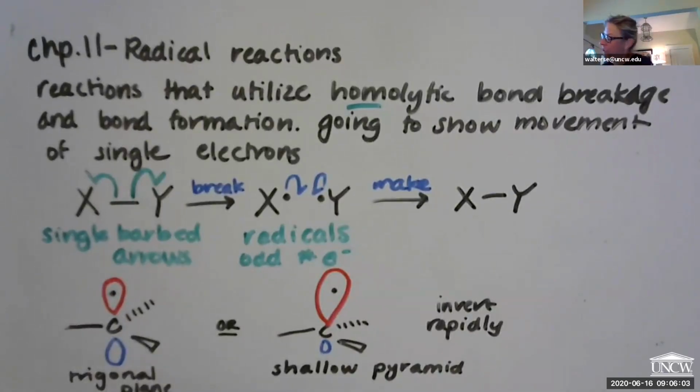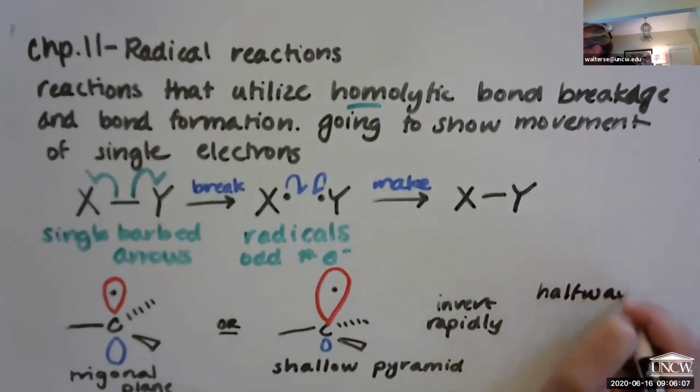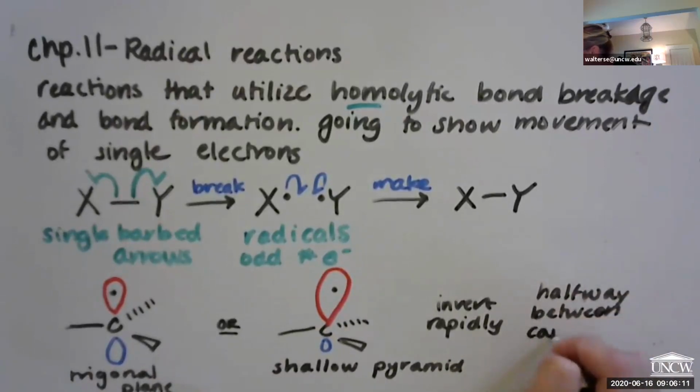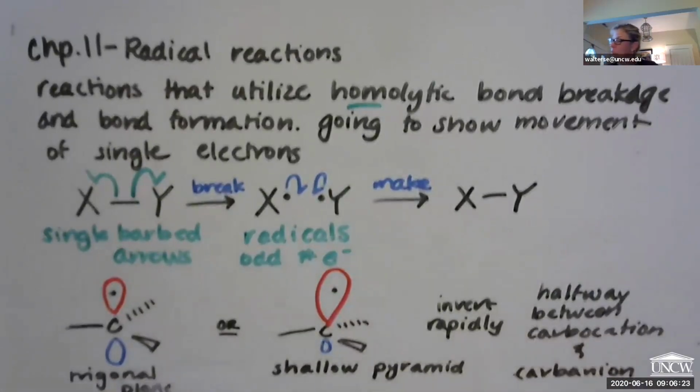The structure is going to be halfway between a carbocation, which would be a carbon with a positive charge and 3 bonds, and a carbanion, which would have 3 bonds and 1 lone pair. So both of these are sort of adequate representations of the radicals.